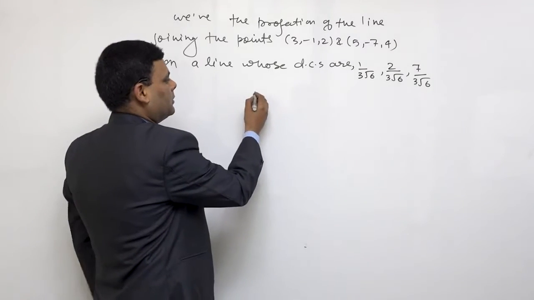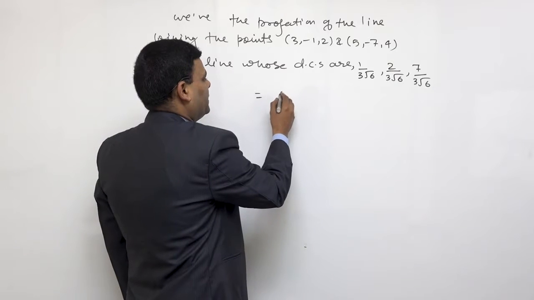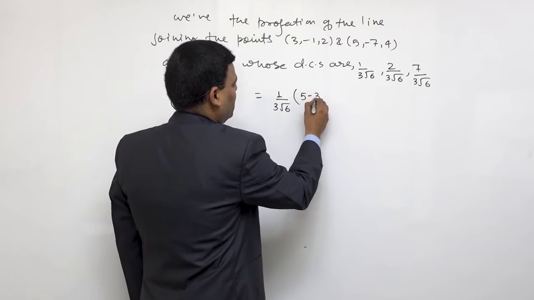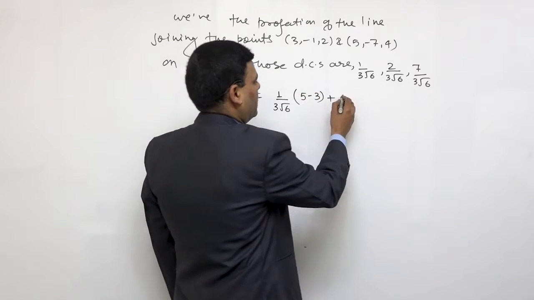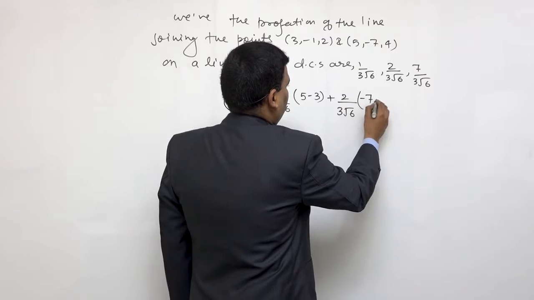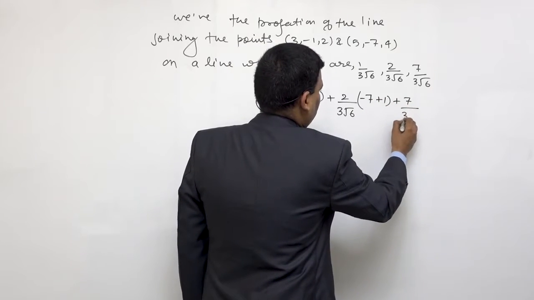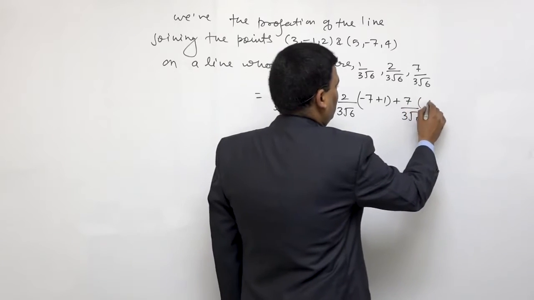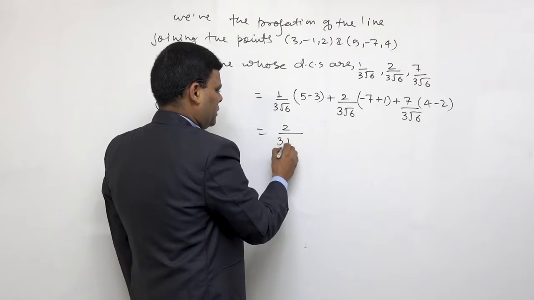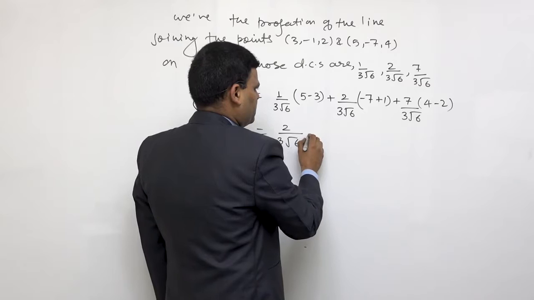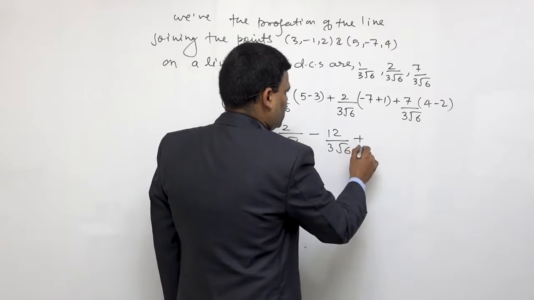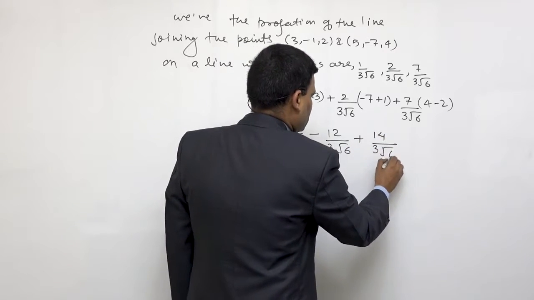This equals 1 by 3 root 6 into (x2 minus x1) plus 2 by 3 root 6 into (y2 minus y1) plus 7 by 3 root 6 into (4 minus 2), equals 2 by 3 root 6 minus 12 by 3 root 6 plus 14 by 3 root 6.